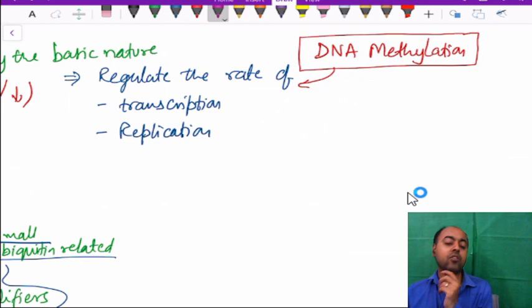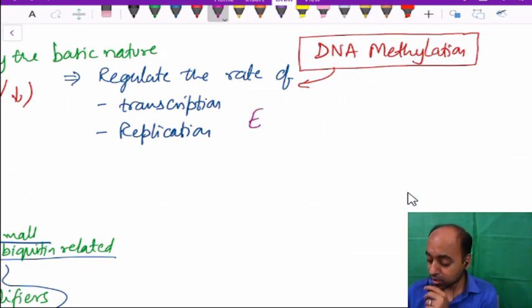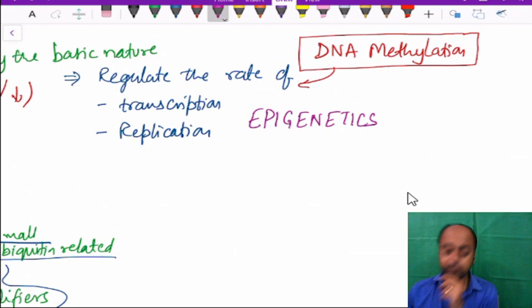This regulation of transcription and replication by covalent modification of histone and DNA is what is known as epigenetics.